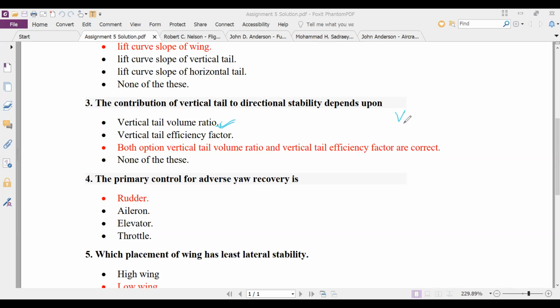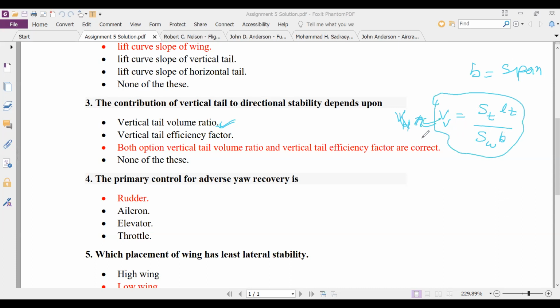ST upon S of wing and B, the distance between the CG and the mean chord of span of the vertical tail. No, it's the wingspan, not anything that you have spoken.